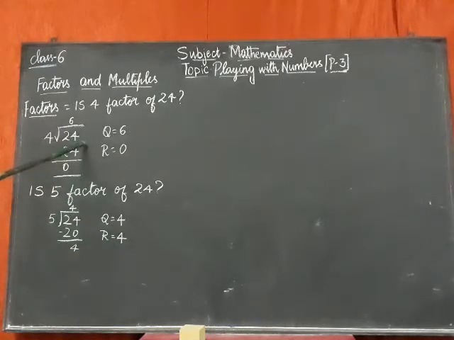But in the first example, we got the quotient as 6 and the remainder as 0. If we get the remainder as 0, we can tell that 4 is a factor of 24. But here, we are not getting the remainder as 0, so we can say that 5 is not a factor of 24.